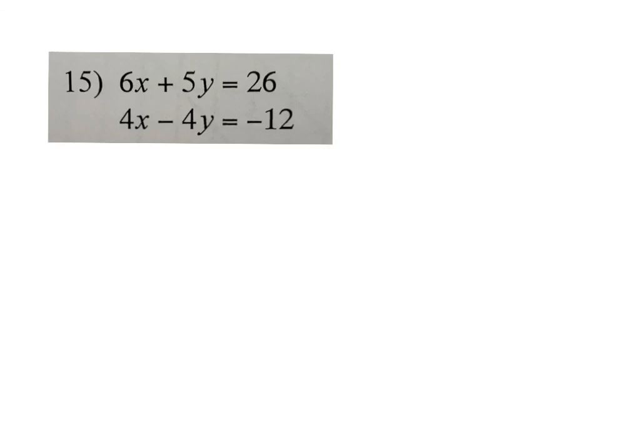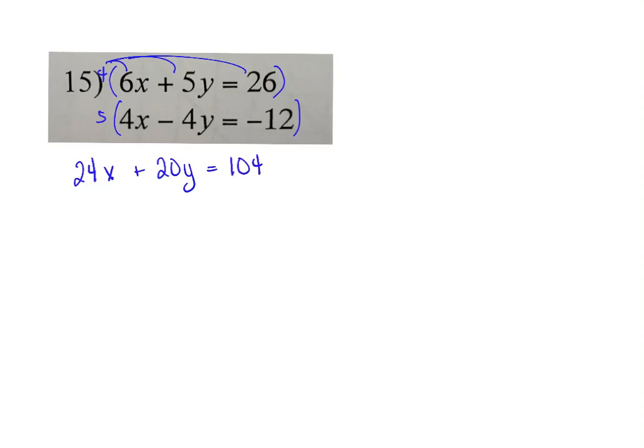So I can just multiply this top one by 4, and this bottom one by 5. And that will give me a common number. So if I multiply the 4, I'm going to distribute it to all of these. So I'm going to get 24x plus 20y equals 104.